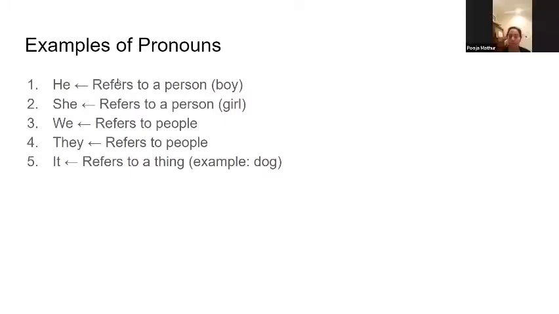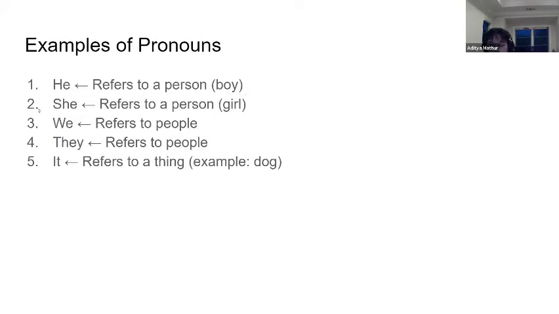You can say he went to the park, which means you are talking about another person. So when you say he, that is a pronoun because it is referring to another person. He went to the park. And it usually means a boy.